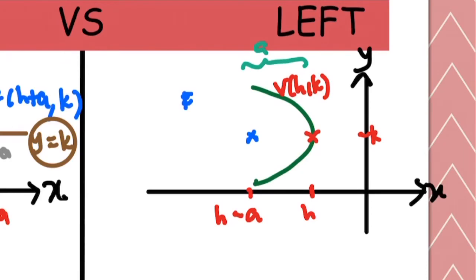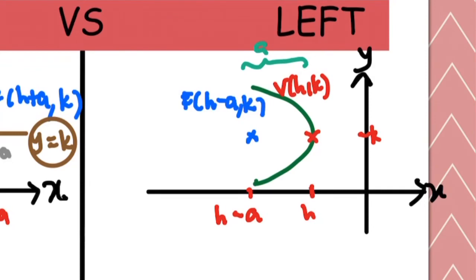So when you go back, your coordinate will be h minus a. How about your y coordinate? Your y coordinate doesn't change, it stays on k. Therefore, the coordinate of the focus right now is (h minus a, k).